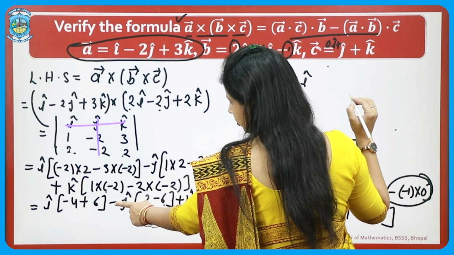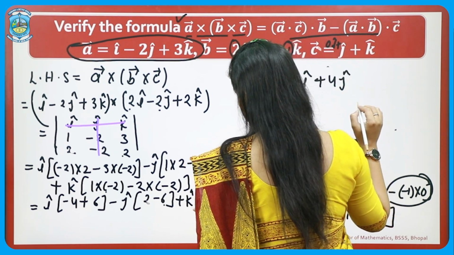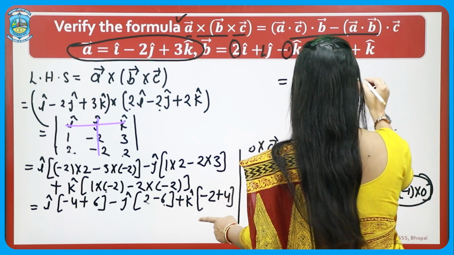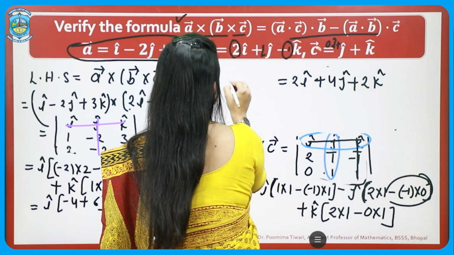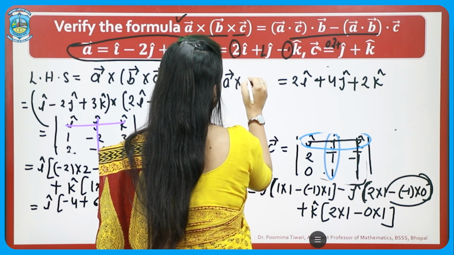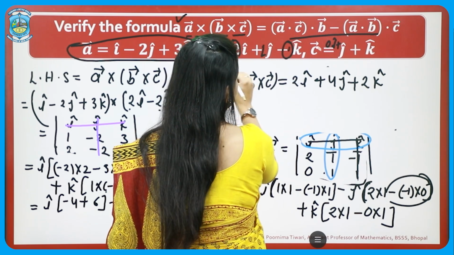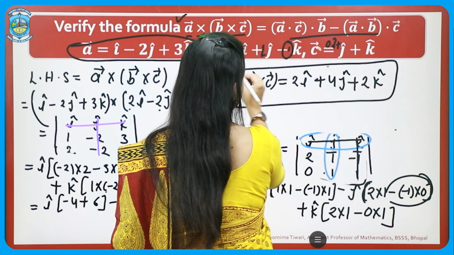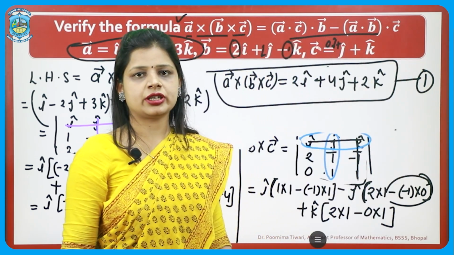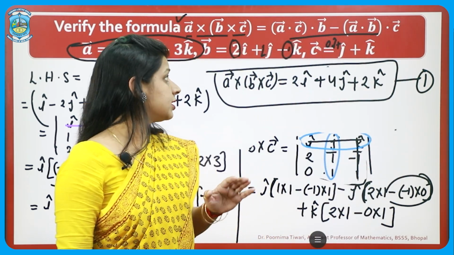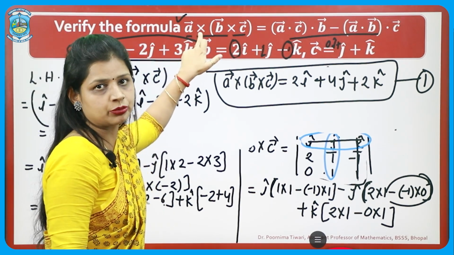This is minus 4 and minus minus plus, so 4 j cap, and this is plus 2 k cap. So, it is the value of vector A cross product with B cross C. We can mark it as equation number 1. So, this is the left hand side value of this formula.